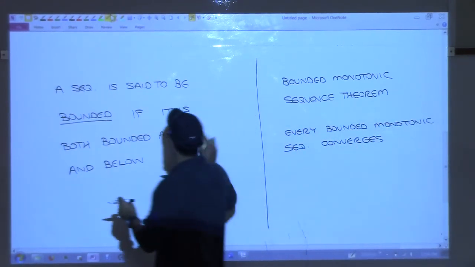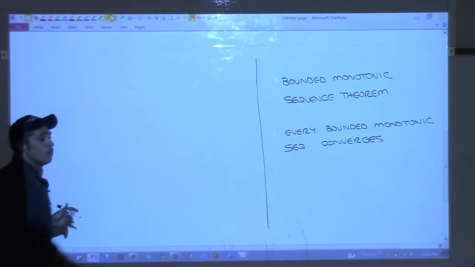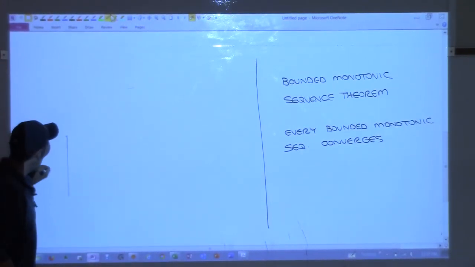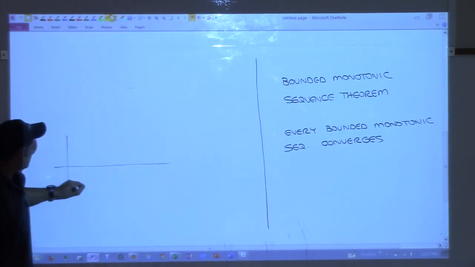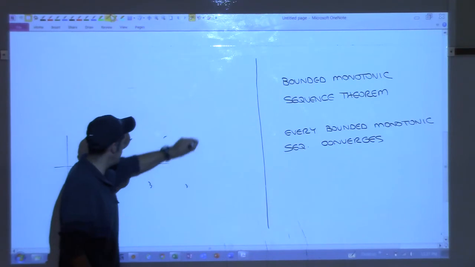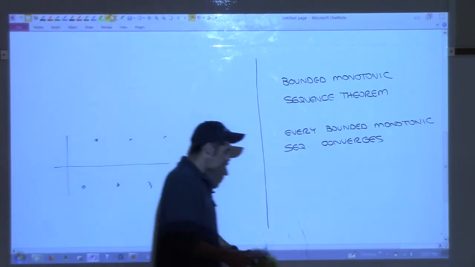Think about the sequence we had that was -1, 1, -1, 1, -1, 1, right? If I were to look at that graphically, it does this: -1, 1, -1, 1, -1, 1, -1, 1. Is this sequence bounded? Yes, it's bounded above and below. All right, is it monotonic? It's not monotonic.